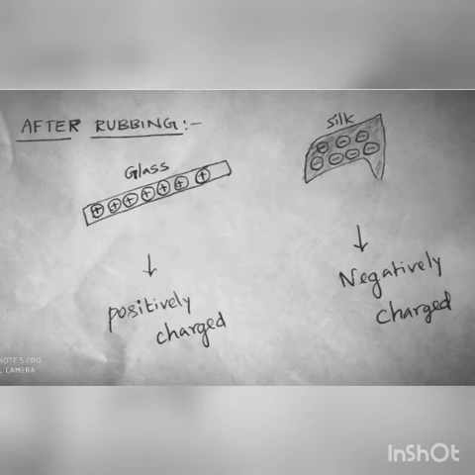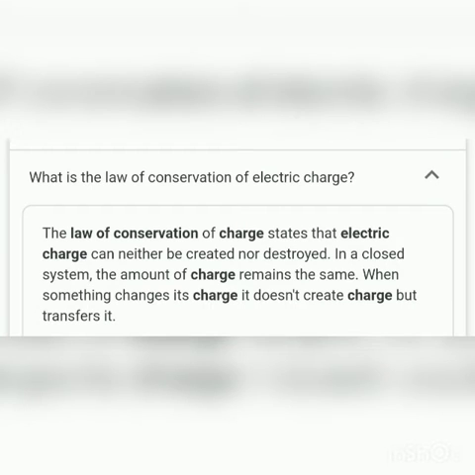It is stated more generally in the following way. The total electric charge in the universe is constant, and charge can neither be created nor be destroyed. In any physical process, the net change in charge will always be zero.